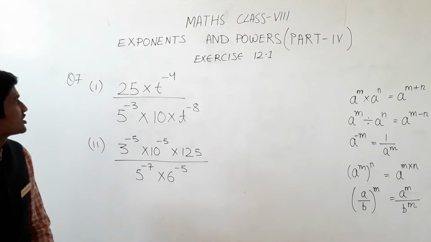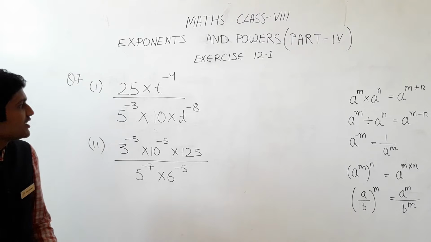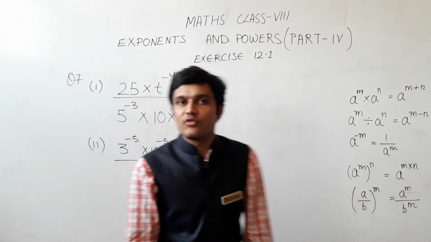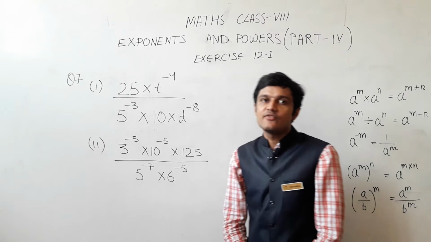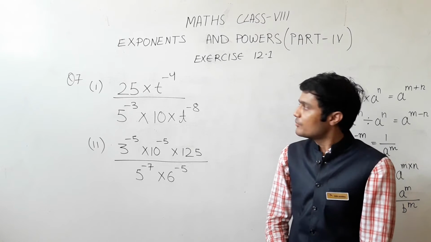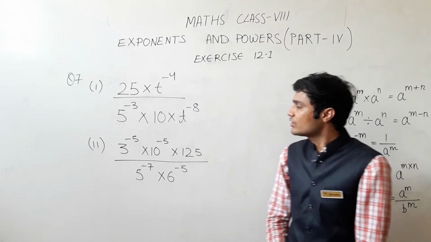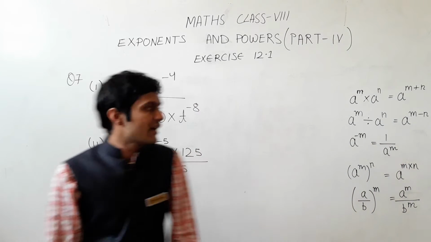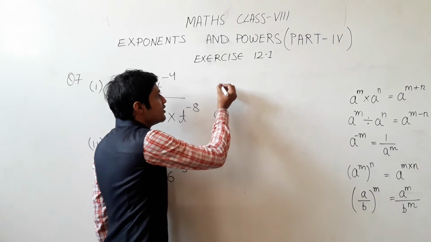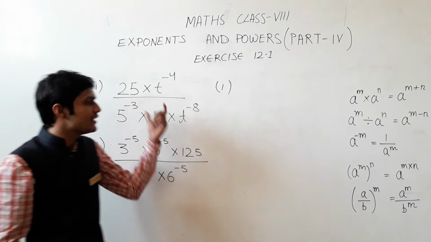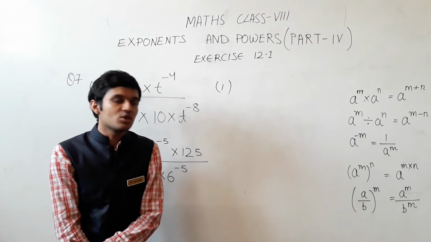Now question 7. In question 7 you have to simplify this expression. The first part is 25 into t raised to the power minus 4, upon 5 raised to the power minus 3 into 10 into t raised to the power minus 8. We want to simplify this. How can you express 25 in exponent form?